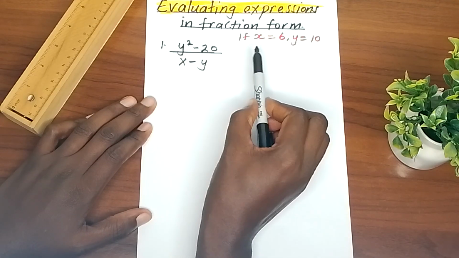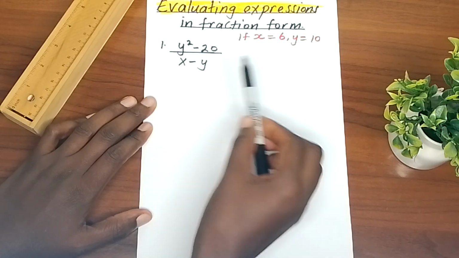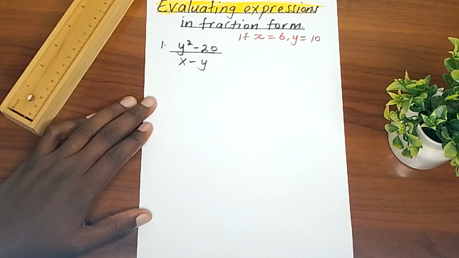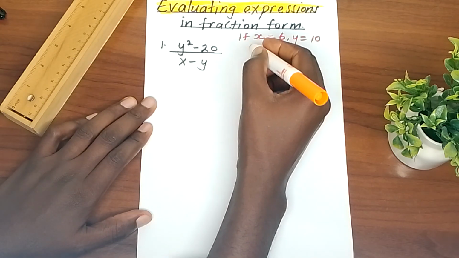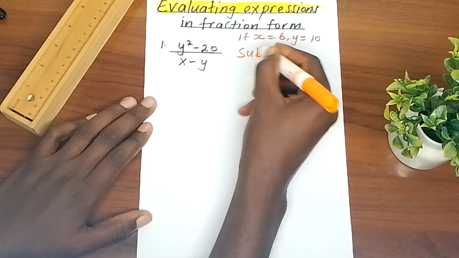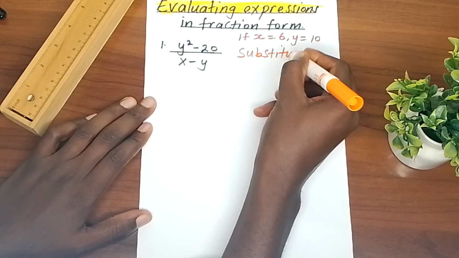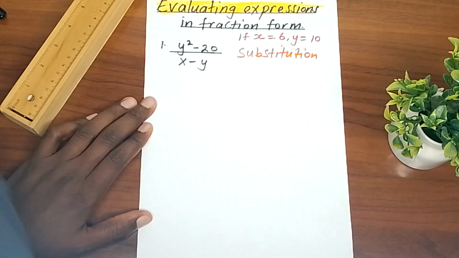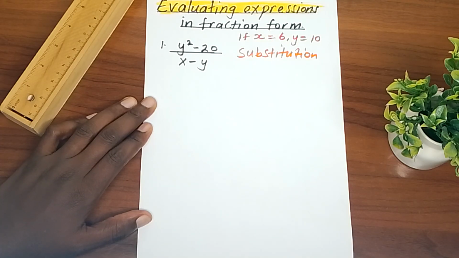Now, in such expressions, we do something called substitution. So we are going to be seeing something to do with substitution, which means that where there is a variable, we are going to put the equivalent of that variable.